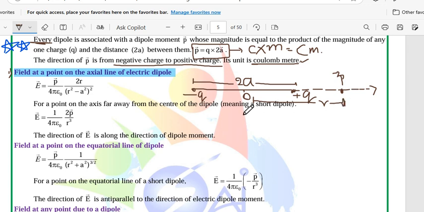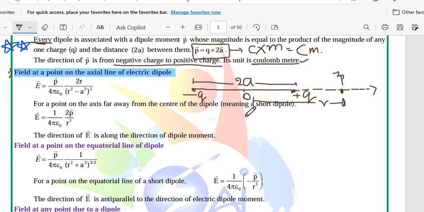Now, the electric field at a point P due to charge minus q.